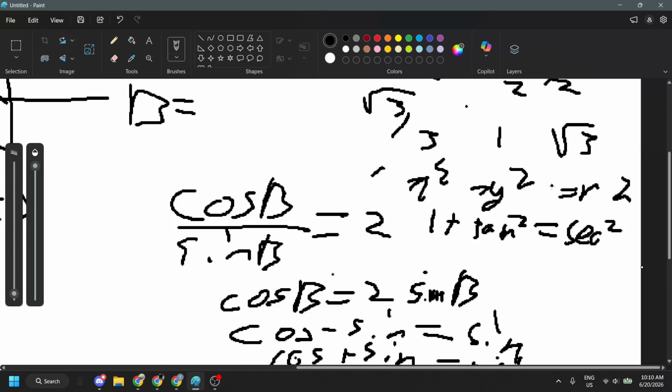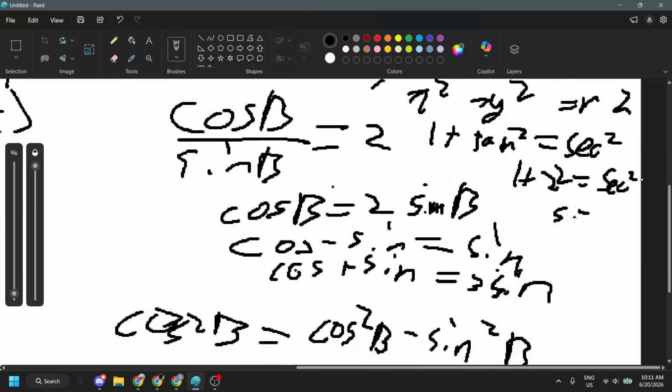Sorry, I just got a text. So if tangent is 2, we get 1 plus 2 squared is equal to secant squared.